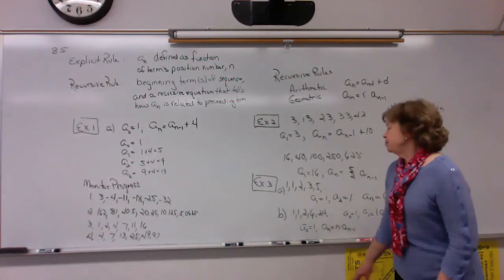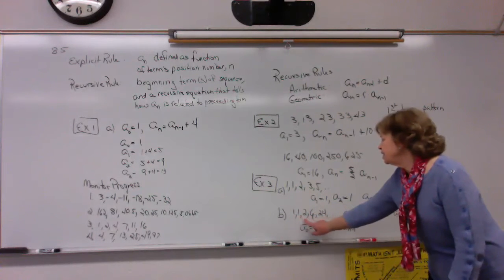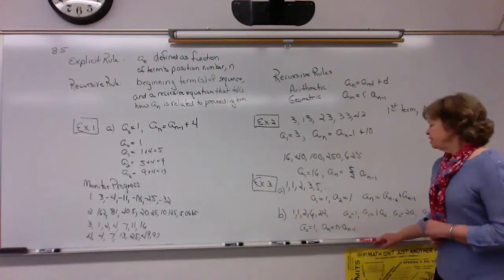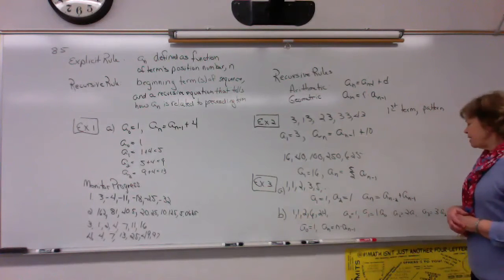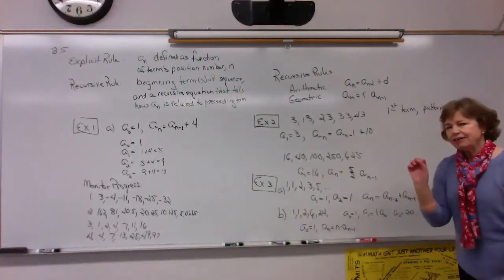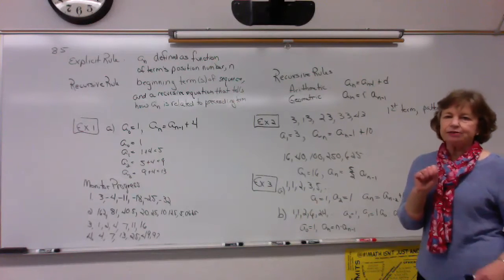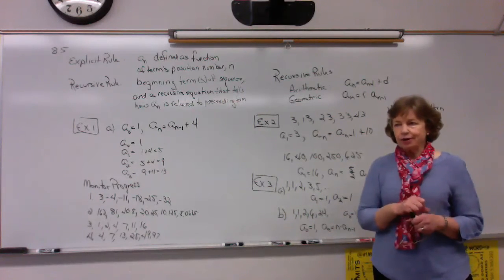Look at the B example. It's 1, 1, 2, 6, 24. So what's going on with that? Well, sometimes it's really handy to start with a sub 0 instead of starting with a sub 1.